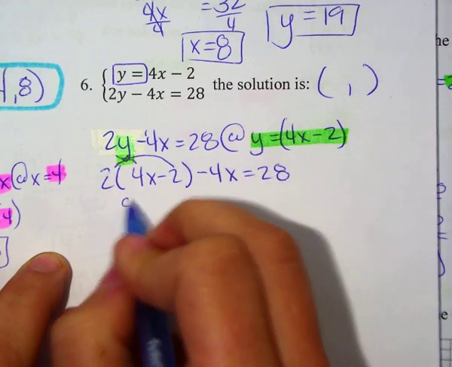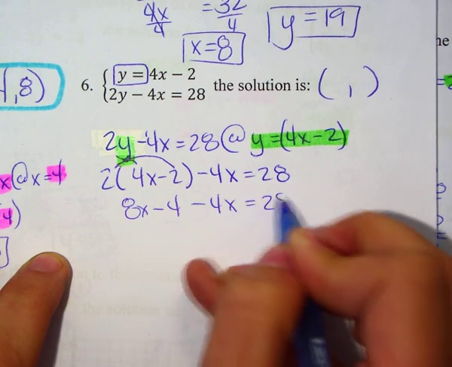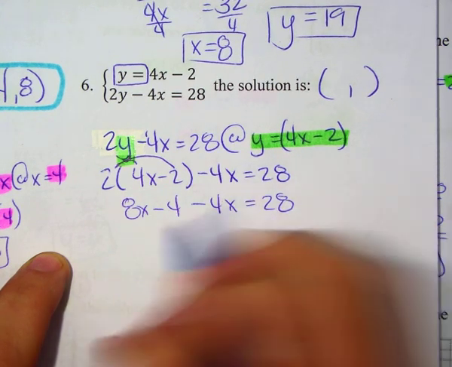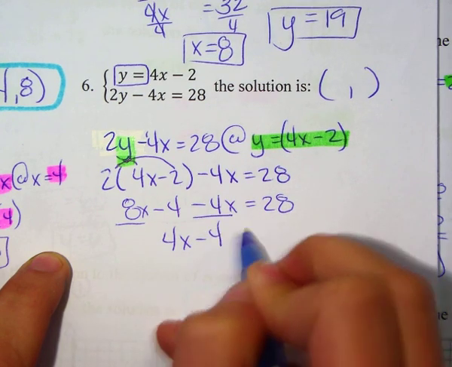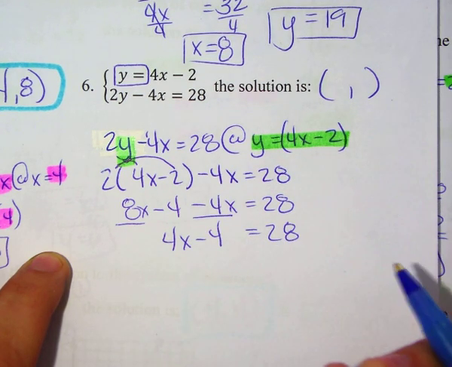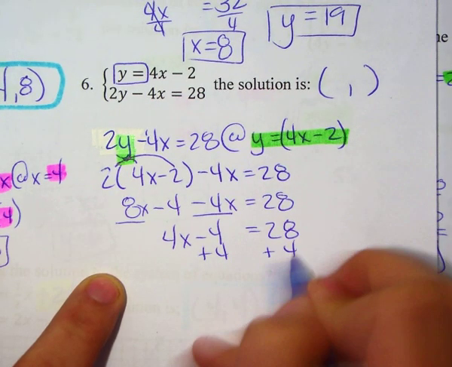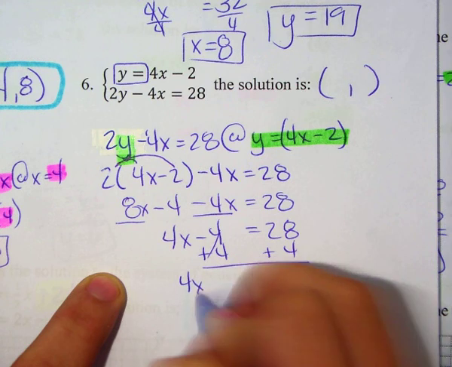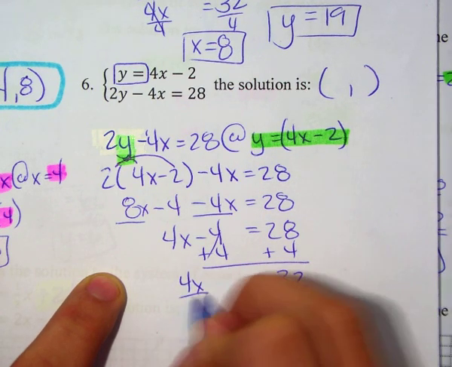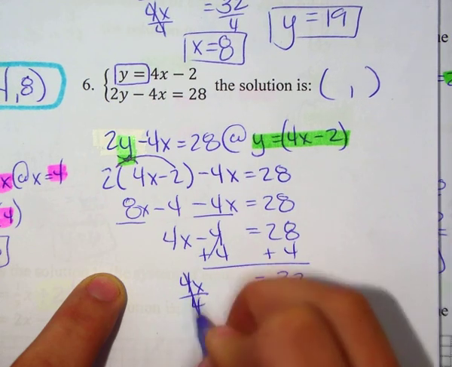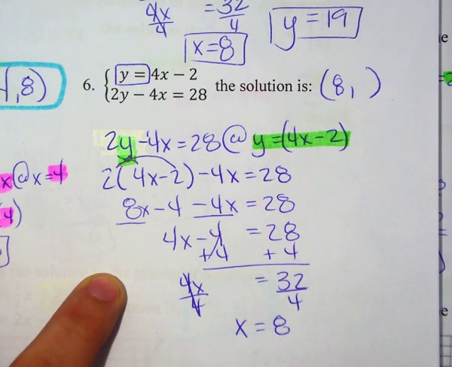Distribute. Combine like terms. Add 4 to both sides in order to isolate x. Divide by 4 on both sides in order to isolate x. x equals 8.